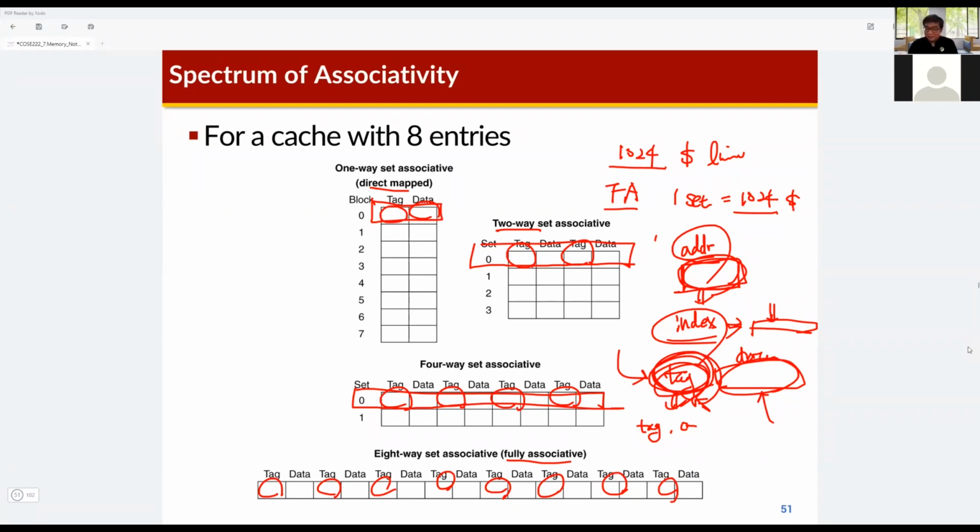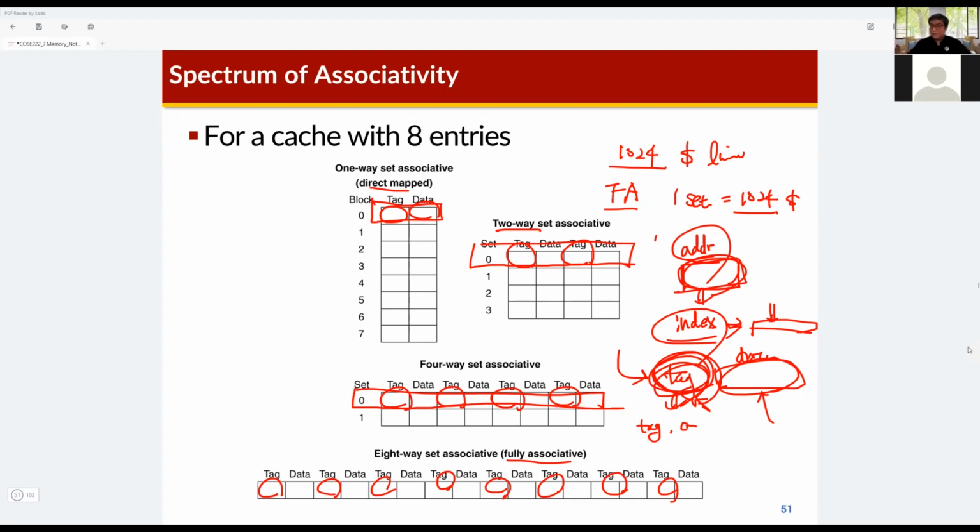Okay. But how about the fully associative cache? We don't know where the target data is stored in the fully associative cache, because the data can be allocated to any space or any location. Then how can you find the target data?